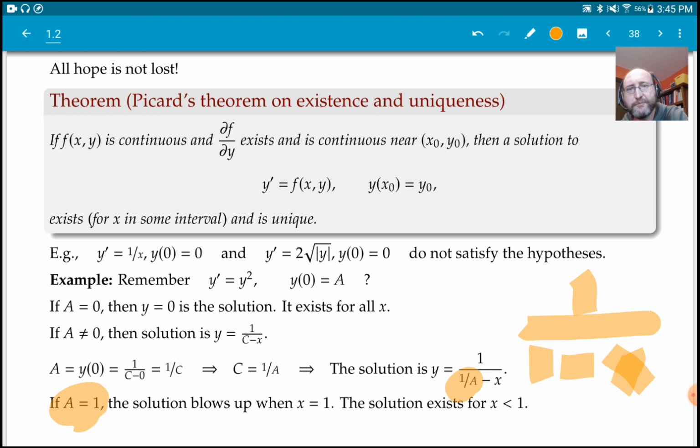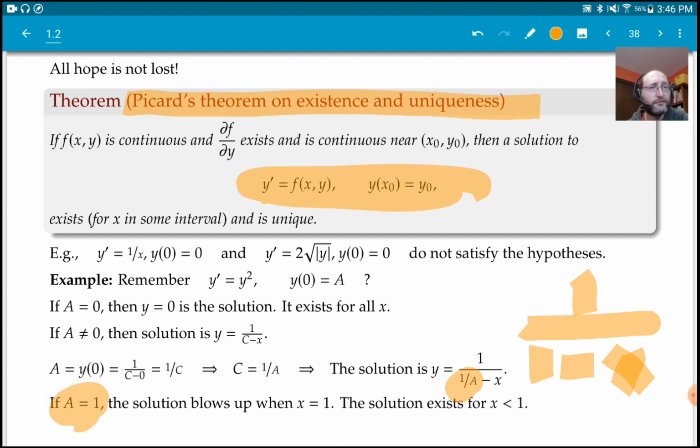So Picard's theorem does not tell you that the solution is going to exist for all x where the hypothesis is satisfied. It just tells you that for some interval around x naught, you are going to get a solution, a unique solution.